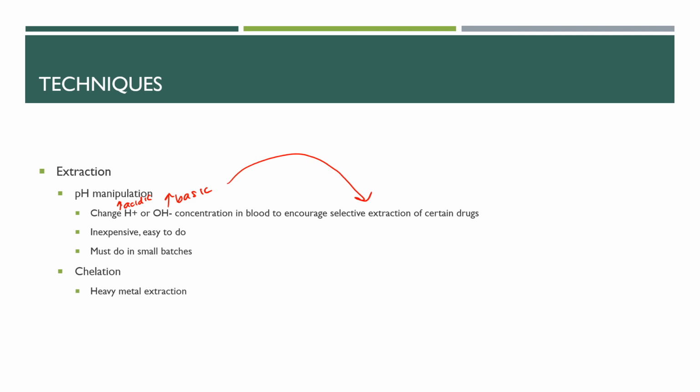Different drugs are more easily extractable in acidic conditions or basic conditions, and you can manipulate the pH of your sample to encourage extraction of that drug in particular. This is super easy to do. You have to do it in really small batches. This doesn't work effectively if you have several vials of blood all at once, but on a milliliter here or there, you can effectively do this process.